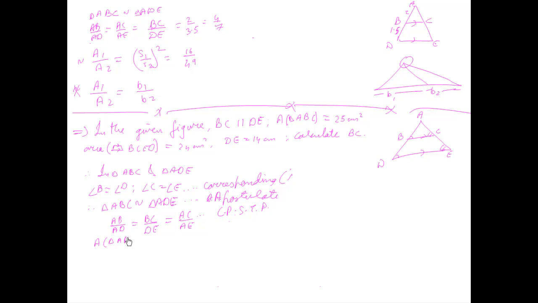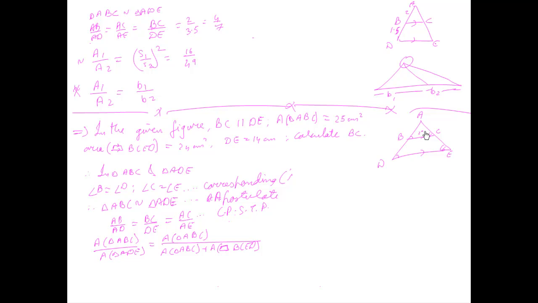That's area of triangle ABC upon area of triangle ADE is given to us as area of triangle ABC upon area of triangle ABC plus area of trapezium BCED.